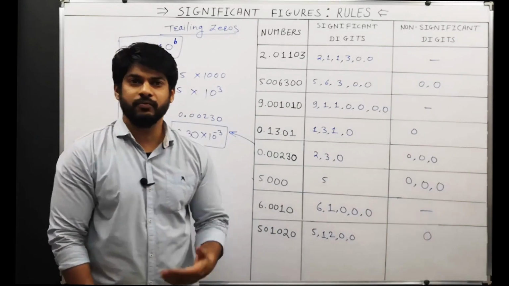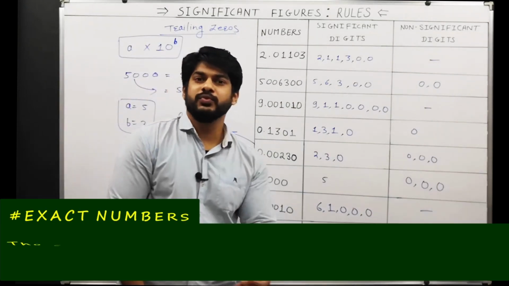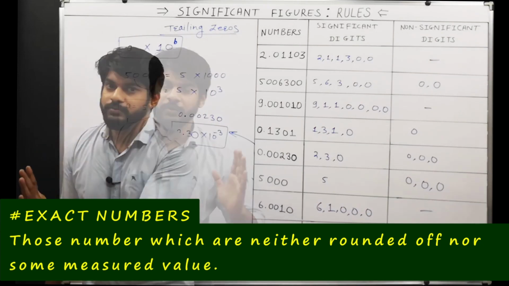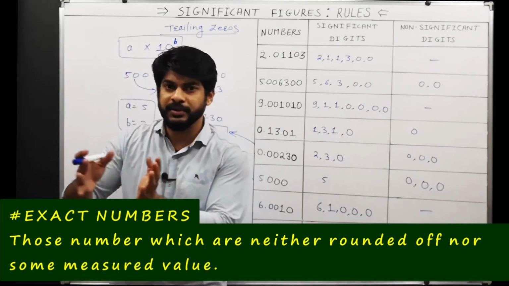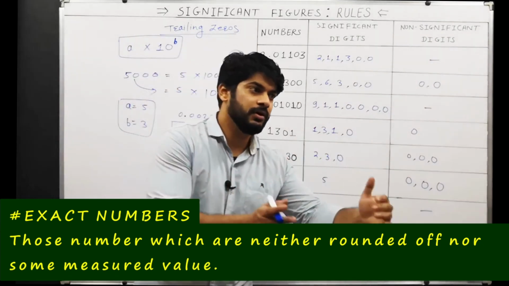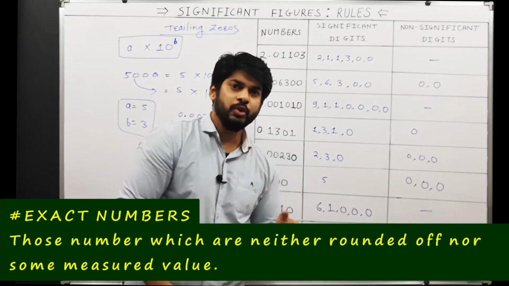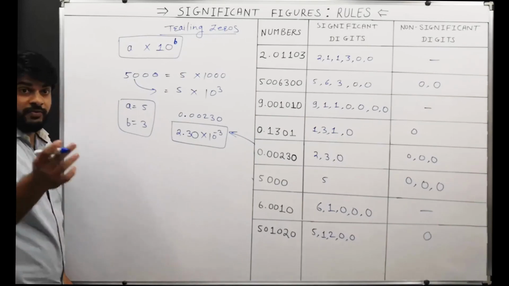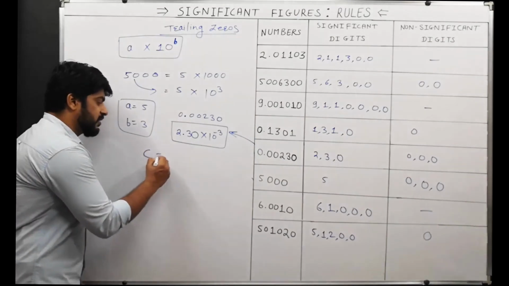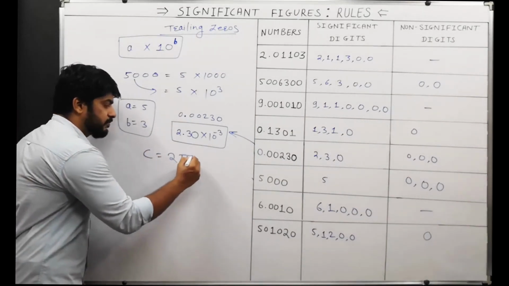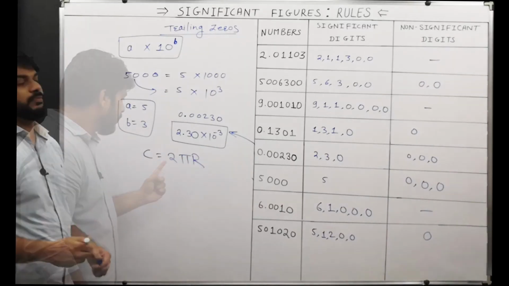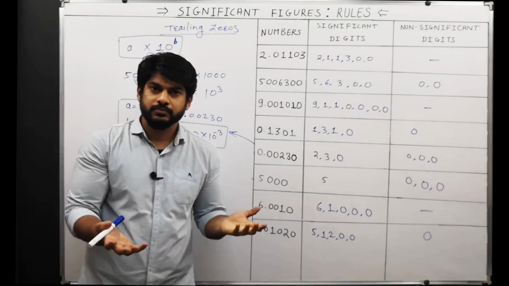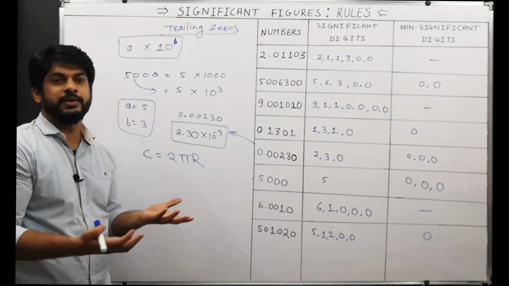What are exact numbers? Those numbers which are neither rounded off nor a measured value. For example, the formula for circumference is 2 pi r. Look at this 2. This 2 is neither a measured value nor a rounded off number.